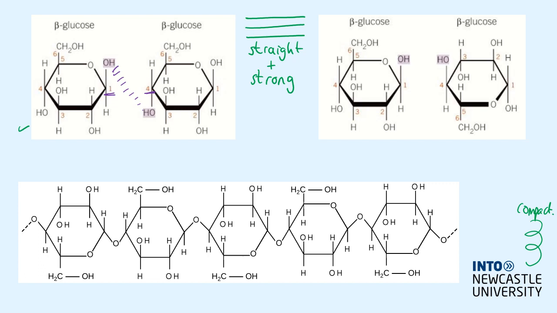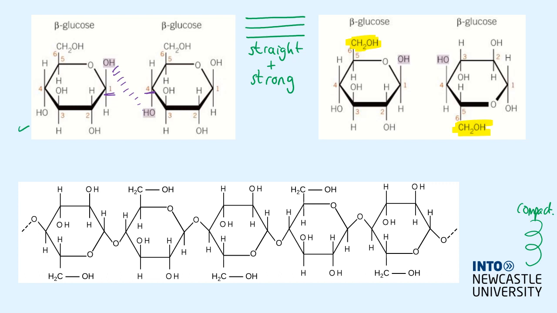So what happens in cellulose is that we flip one of the molecules over. If we look over here, I'm going to highlight carbon 6. This is carbon 6 on one glucose molecule pointing upwards. This is carbon 6 on the other molecule. So they're pointing in different directions.